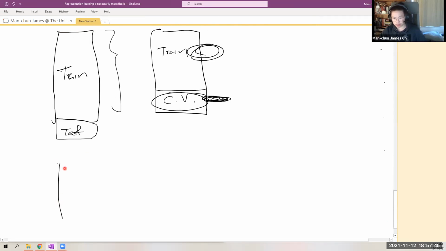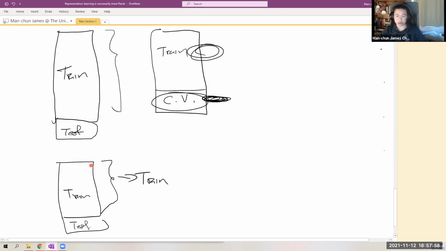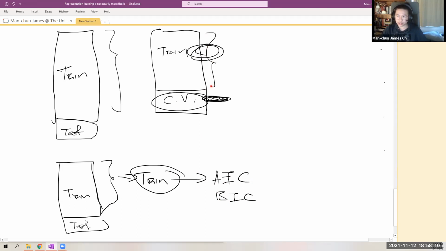The AIC and BIC are very different. You take the training set, train the model, and then evaluate the AIC or BIC, whereas in cross-validation you train on the training set and predict on the cross-validation set.